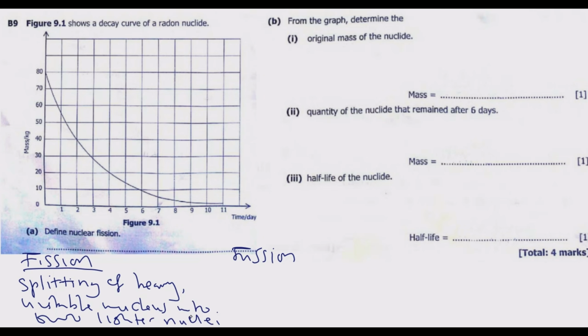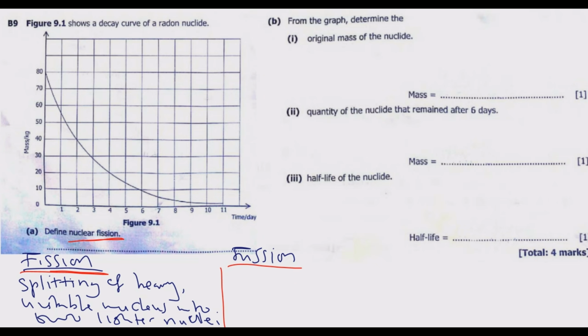So when this happens, this is what is known as fission, which we are asked to define. Then on the other hand, which is not asked here, in case you come across it, you have what is known as nuclear fusion.